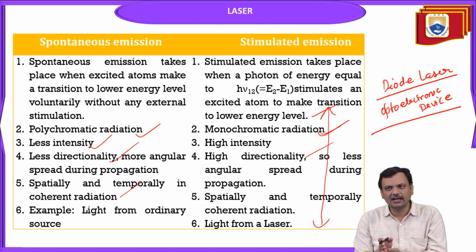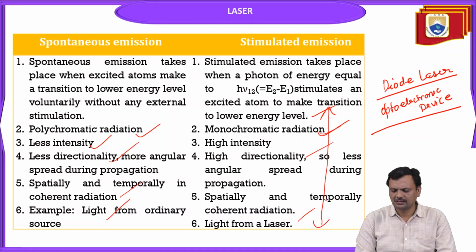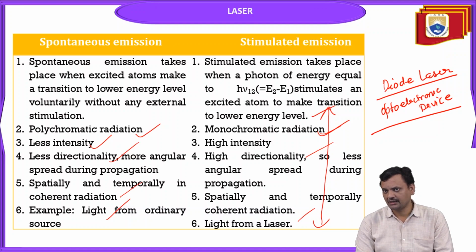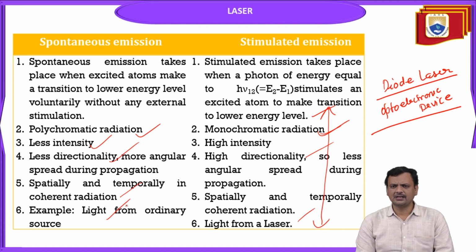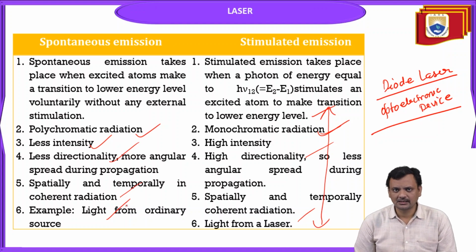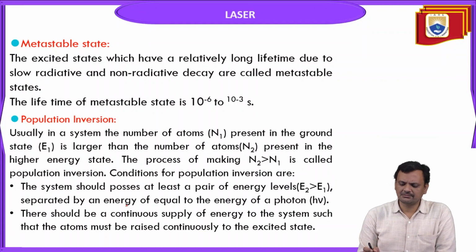So you can say that laser can only be generated by stimulated emission. And this is the example of laser light, which occurs by the phenomenon of stimulated emission. Any ordinary light source is generated by spontaneous emission.